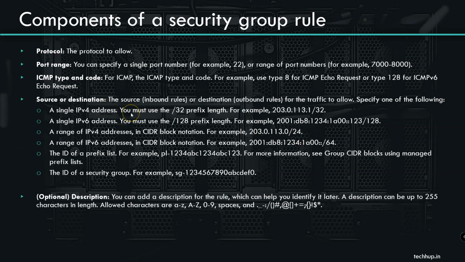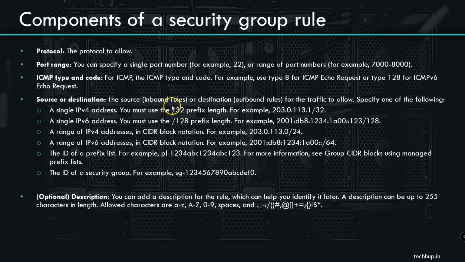One important thing to remember here, a very important aspect, is that when we are defining the rules, don't just define the IP. When you are defining a single IP, you follow it with a /32 prefix. The /32 prefix denotes one host only.